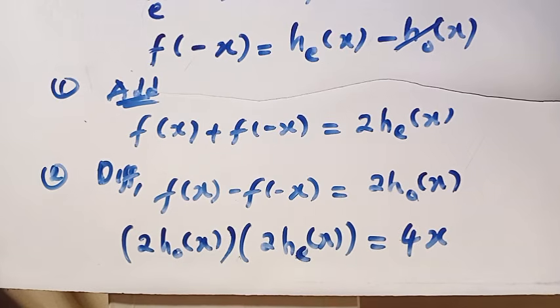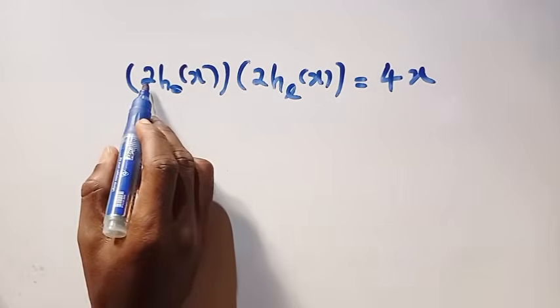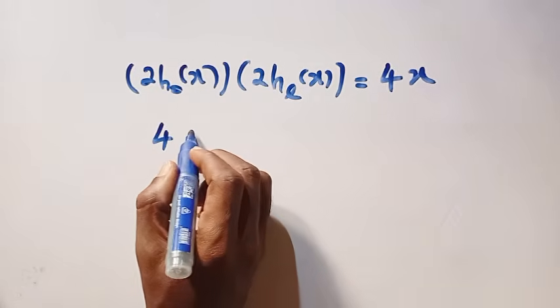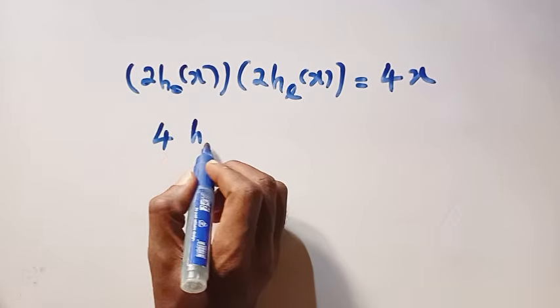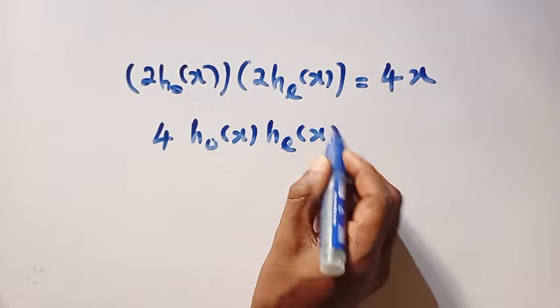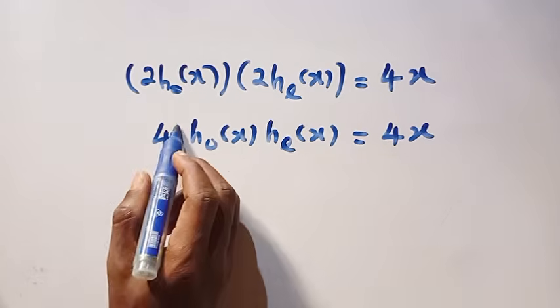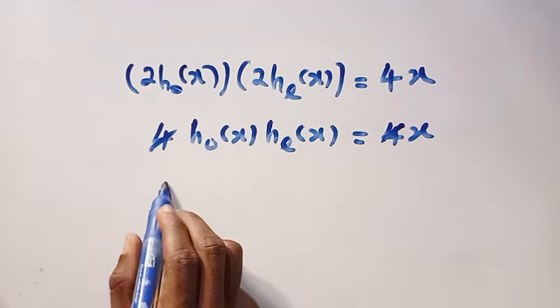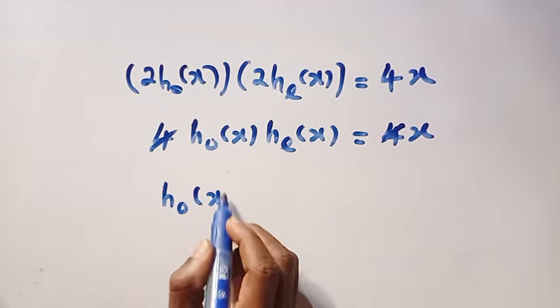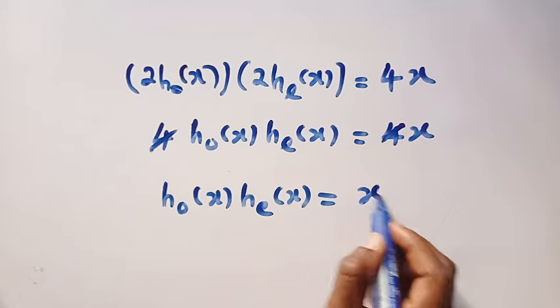So let's proceed. Let's multiply 2 by 2, that gives us 4. Then here is h_o(x) multiplied by h_e(x) equals 4x. If you divide both sides by 4, then we have h_o(x) multiplied by h_e(x) equals x.